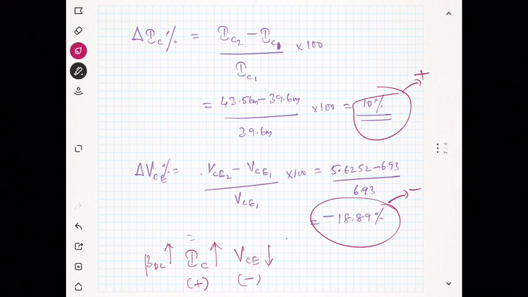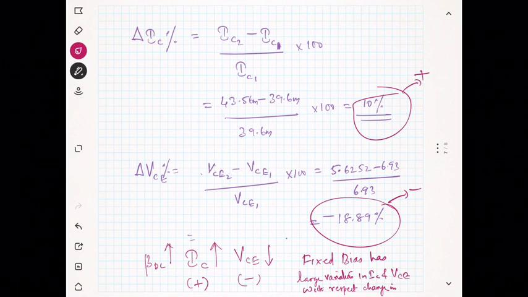So we now conclude that our fixed bias has large variation in IC and VCE with respect to change in beta DC.